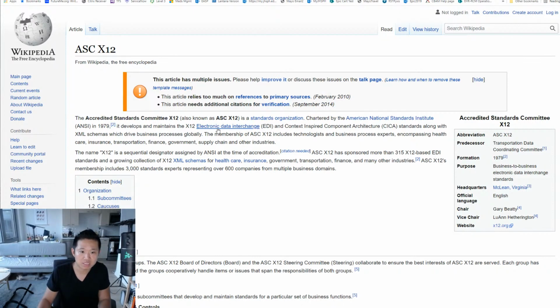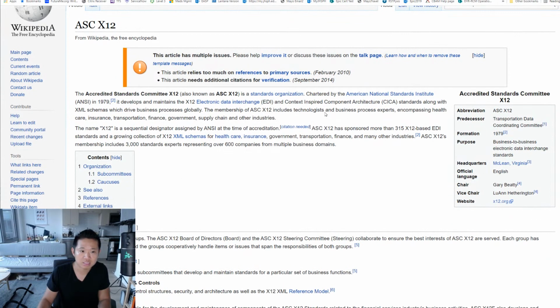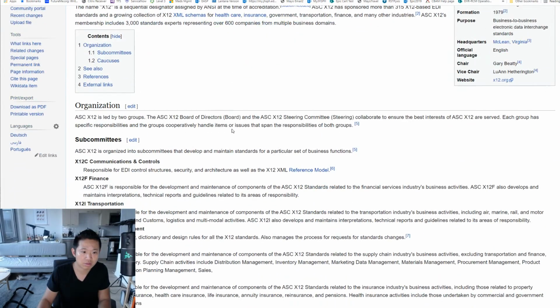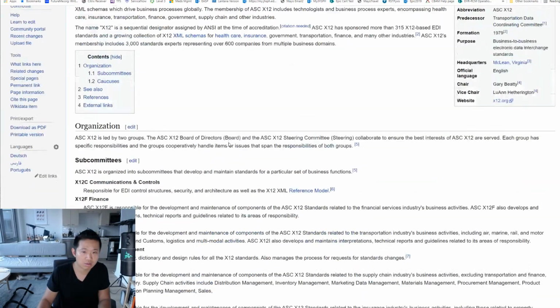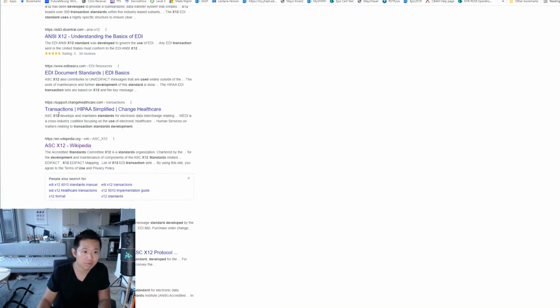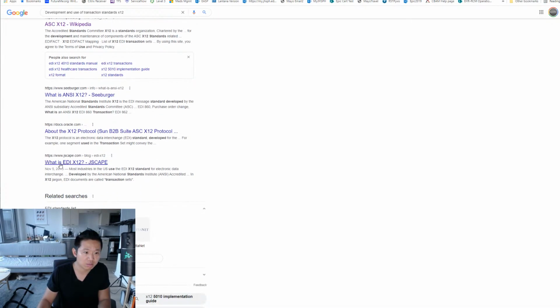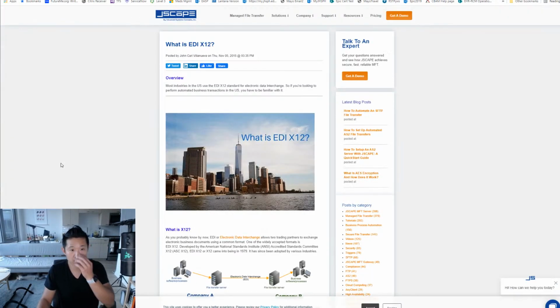Develops and maintains the electronic data interchange and context-inspired standards along with XML schemas. I wonder if this is like the main one. It probably is.